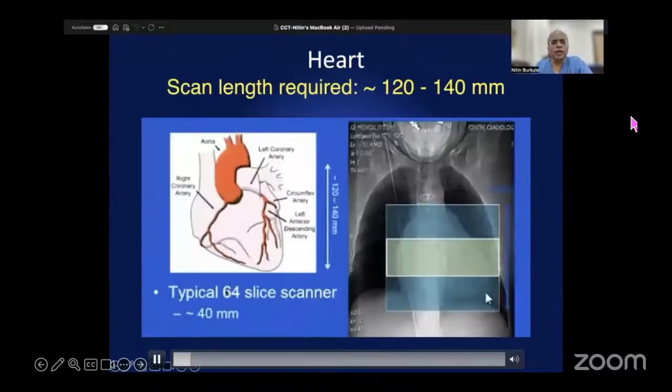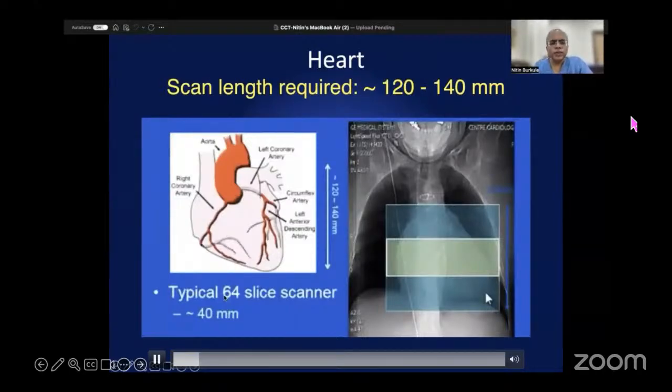If you go on increasing the number of detectors in the Z direction, whether 64 slice, 128 or 320 slice, you will have larger and larger volume coverage from the base to the top of the heart.